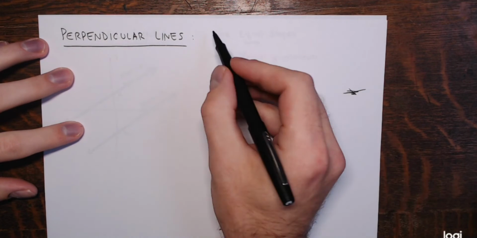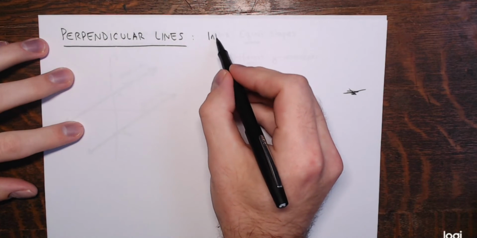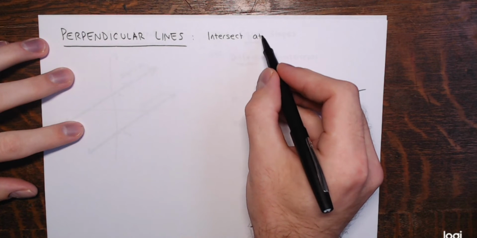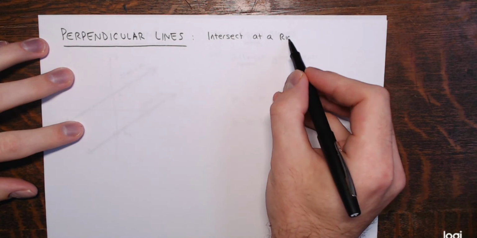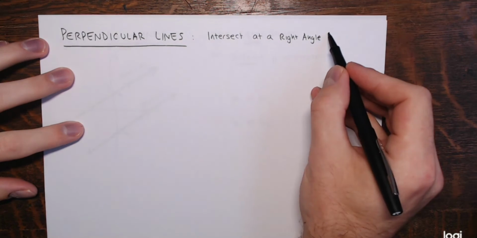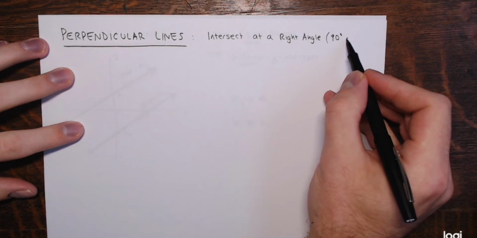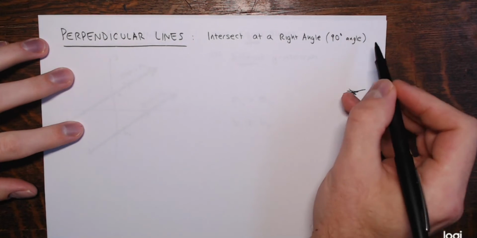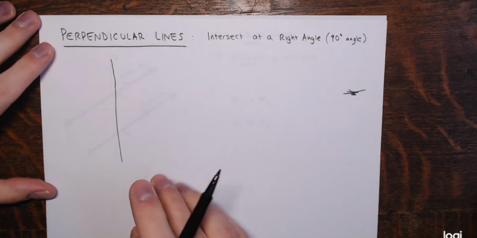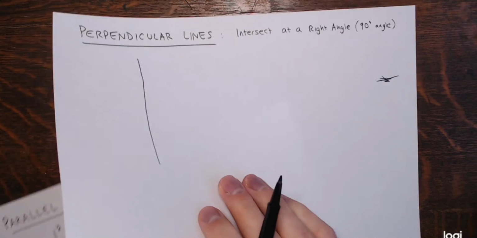So they intersect, they cross each other at a right angle, or a 90-degree angle, same thing. So again, a very rough sketch here. Let me move this paper out of here so you can't see the background.